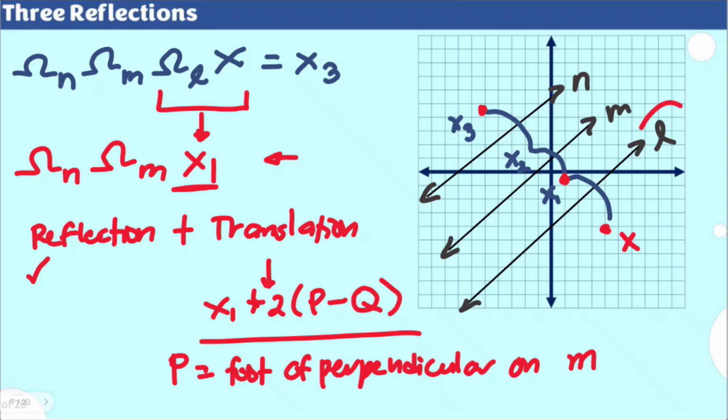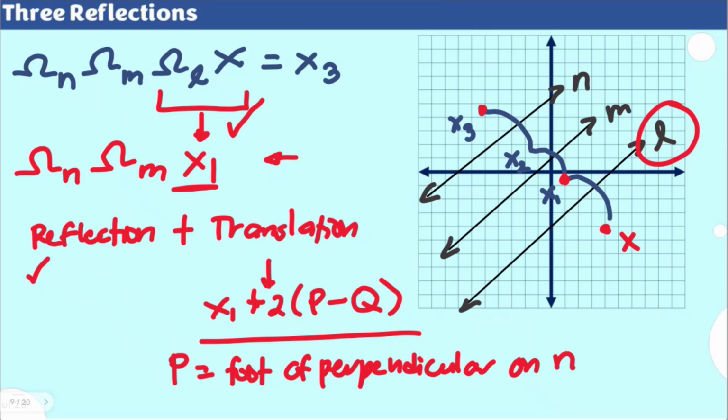So our line L, the first line, will just be on the reflection alone. And then for the translation, we will have the foot of perpendicular on M. On N, my bad. It is on N.